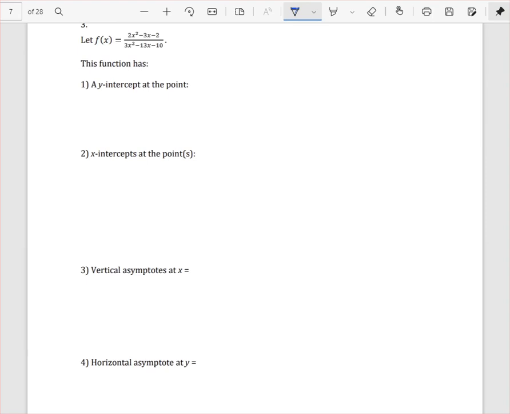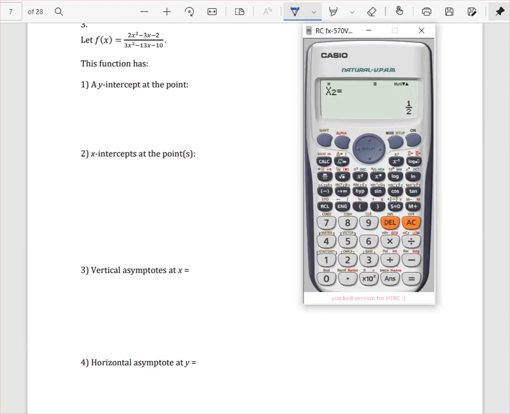Okay, so I'm going to do the factoring first, and for that I'm using the calculator to help me. Remember, it's mode 5 and 3, and then you're putting A, B, and C. So I'm going to put 2, -3, -2. I get 2 and -1/2.